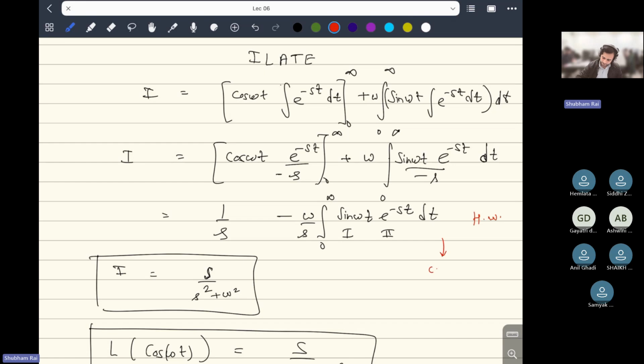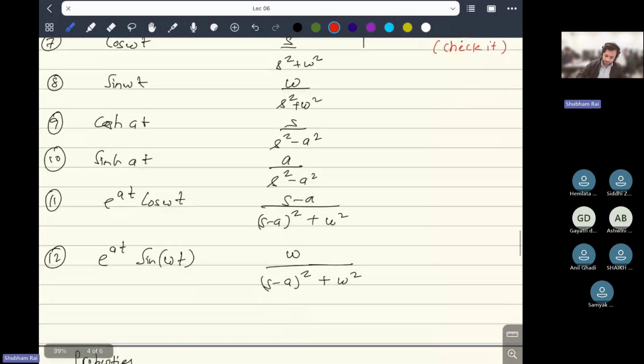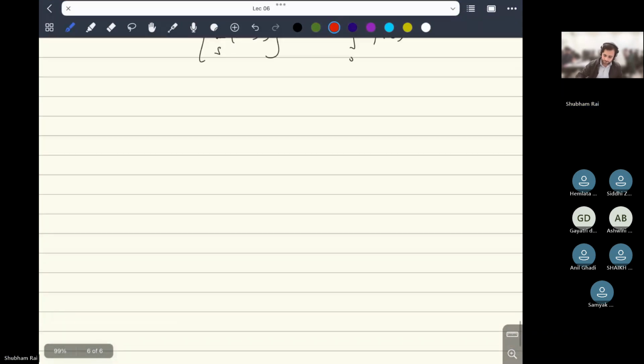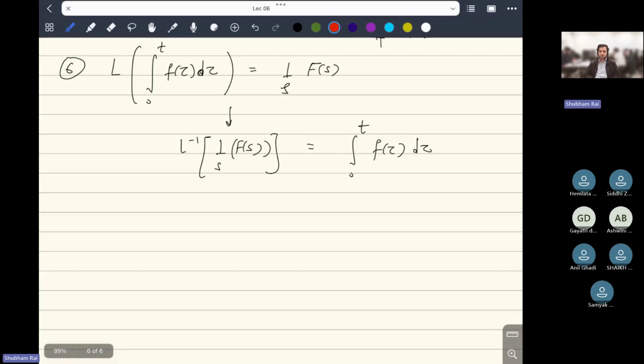Read this. And in the next class, we will also look at how to apply these Laplace transforms to solve ordinary differential equations, linear ordinary differential equations.